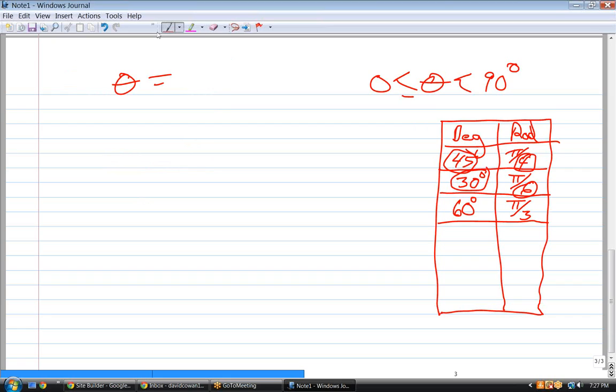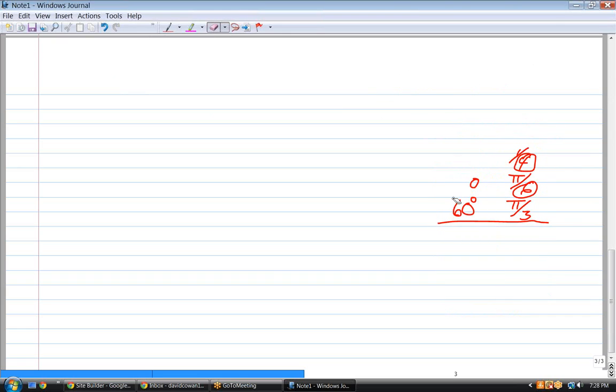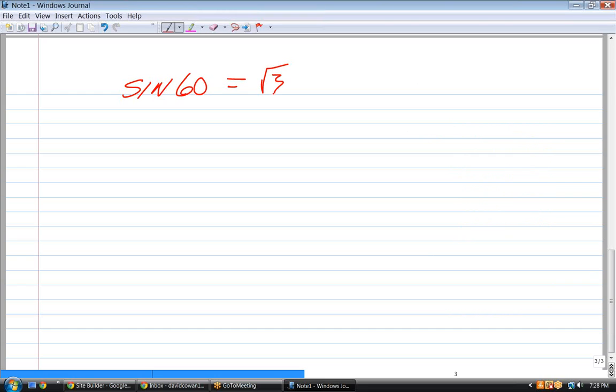Go ahead. You got another one? I have a different type of problem. It says use the given functions and trigonometric identities to find the indicated trigonometric functions. Sine of 60 equals root 3 over 2, and cosine of 60 equals 1/2.